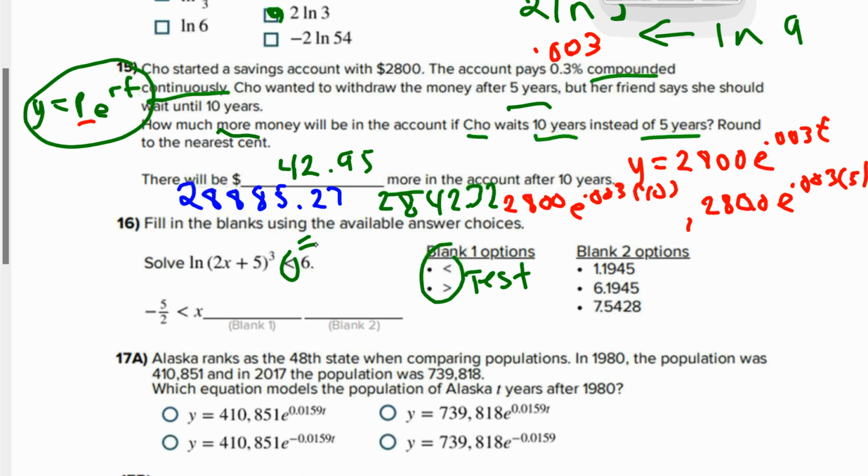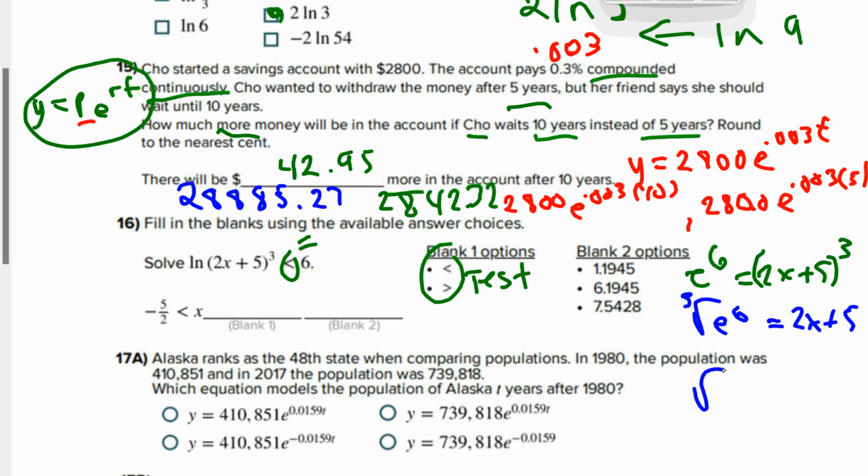Okay, and so we want to just switch forms, so that would just be e raised to 6 equals 2x plus 5, and that is being raised to the third power. So then we could just cube root both sides. All right, cube root to get rid of the cube. So the cube root of e to the 6th equals 2x plus 5.